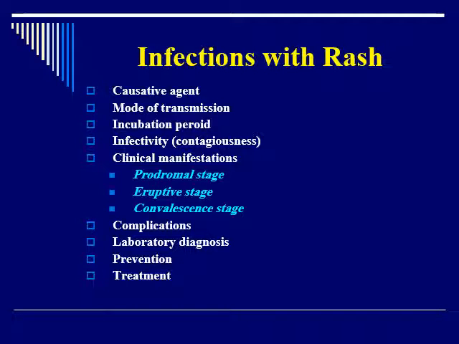The causative agent may be viral, bacterial, or fungal or otherwise, but most of the infectious diseases with rash are due to viral infections. The mode of transmission is very important, whether it is airborne, foodborne, or otherwise. This is important for prevention of spread of infection.